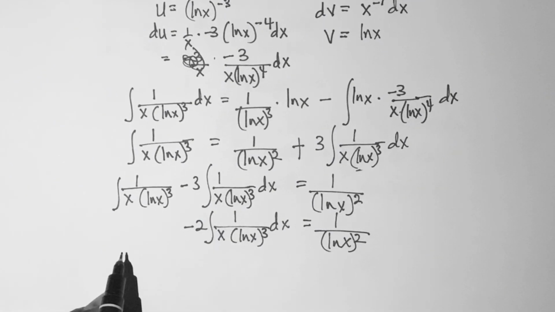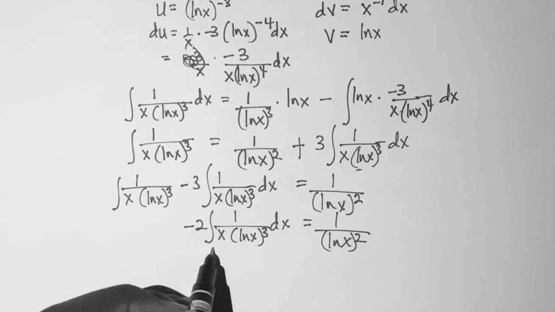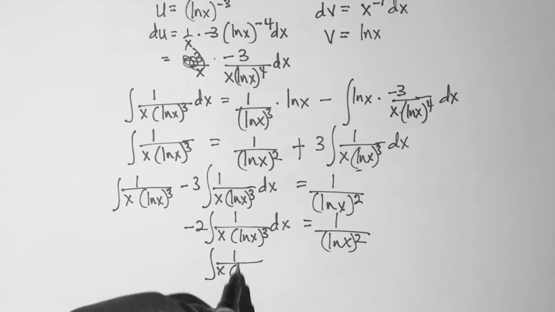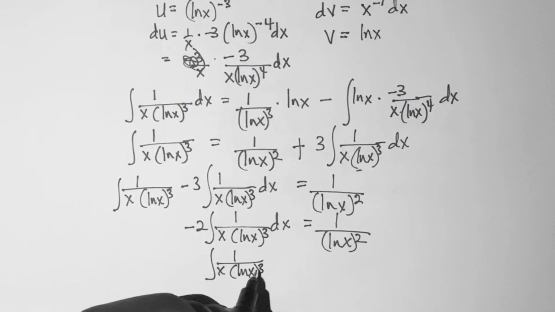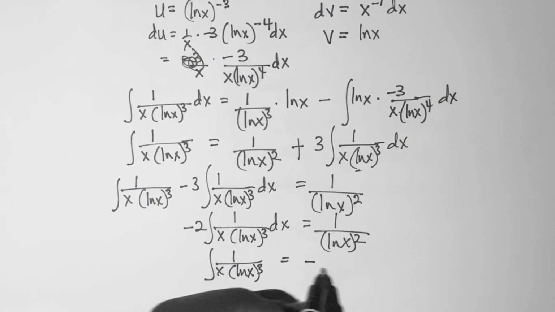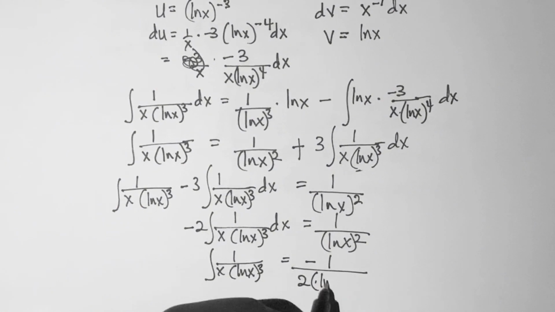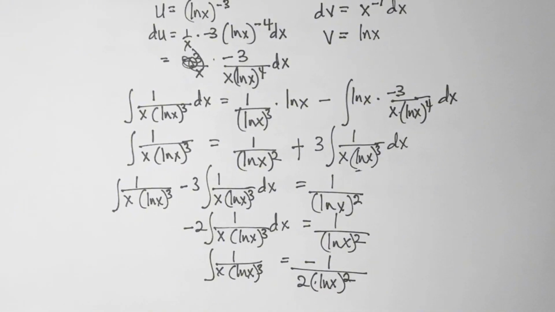So if we divide through by 2, we find out that the integral of 1 divided by x times natural log of x all cubed is equal to minus 1 over 2 times natural log of x all squared plus the constant of integration c.